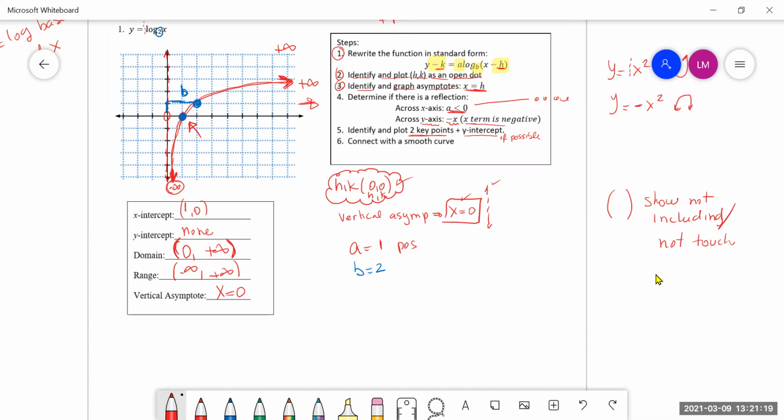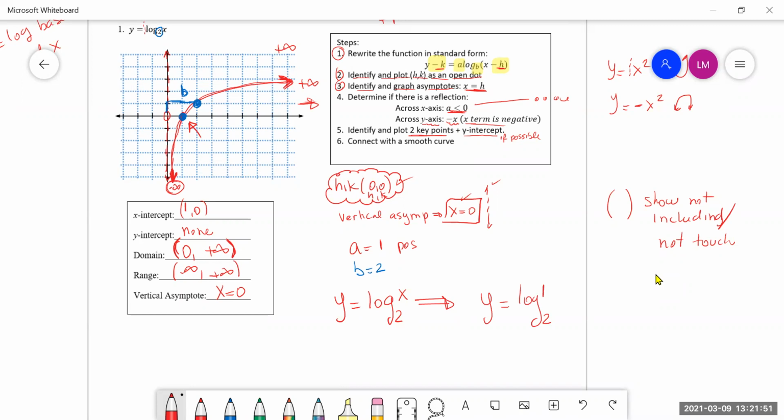If you want to double check that point right there, 1, 0 is correct, if you plug in 1 for x, remember our function is log base 2 of x, right? If you plug in 1 for x, I wonder what you're going to get for y. Why don't we do that just to make sure we remember how to evaluate? So if I plug in 1 for x, I'm going to get y equals log base 2 of 1.